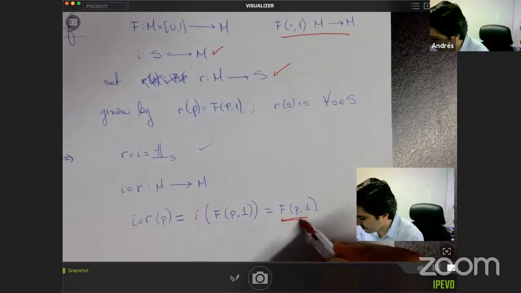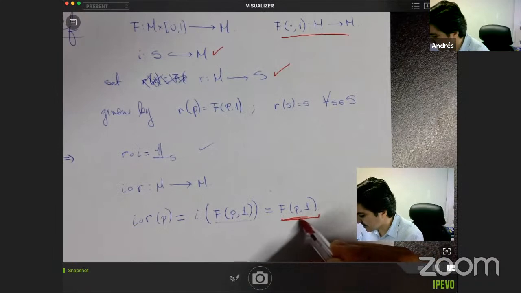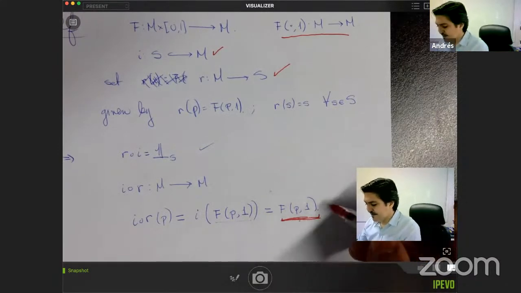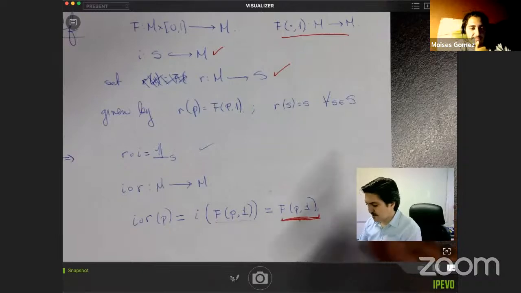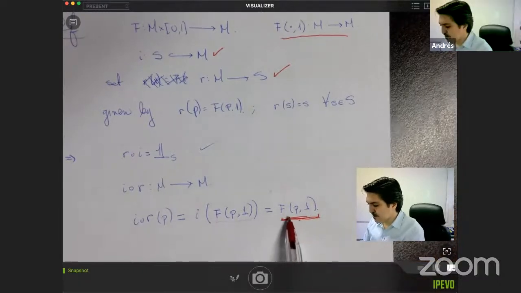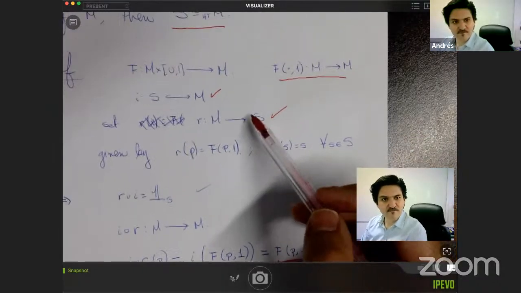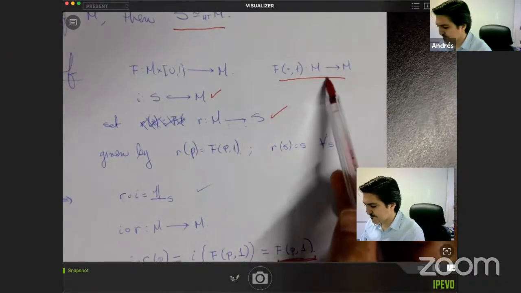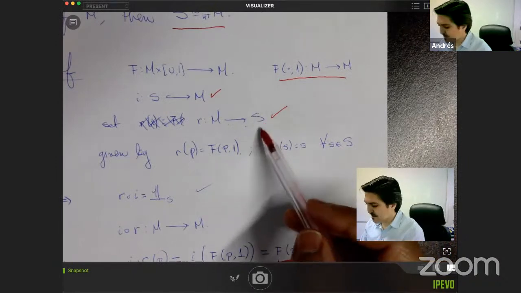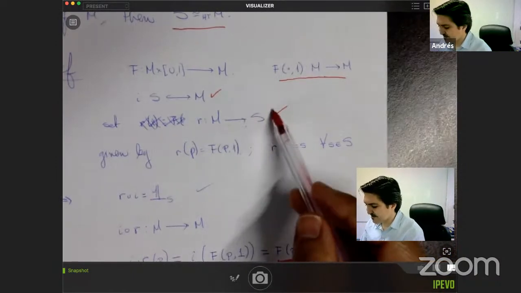Okay, so is this clear for everyone? Can you repeat that? Yes, so remember the difference between these two. The only difference is the target.